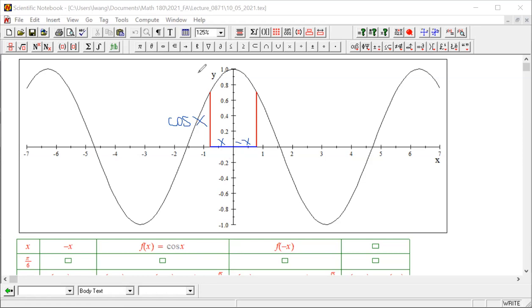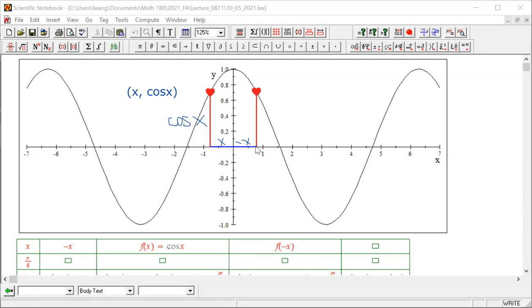Okay, and that point over there, how do you mark that point? That's going to be x comma cosine x. How about this other point? Well, because the way we constructed x, the inputs are opposite to each other.